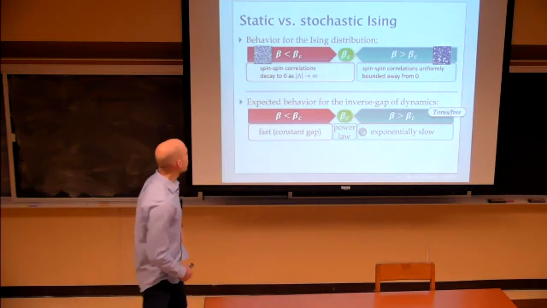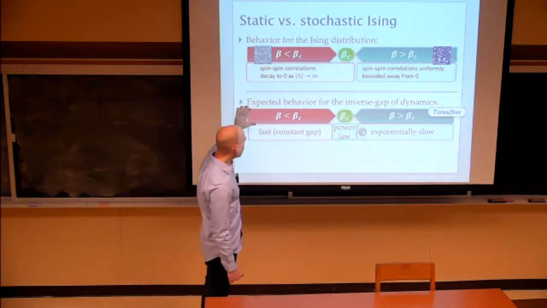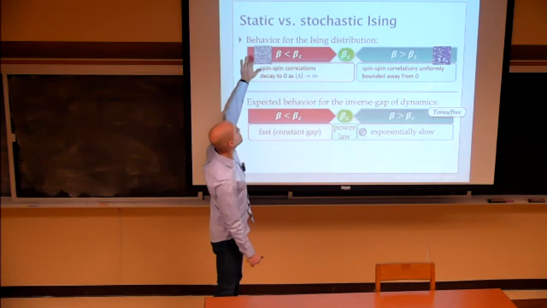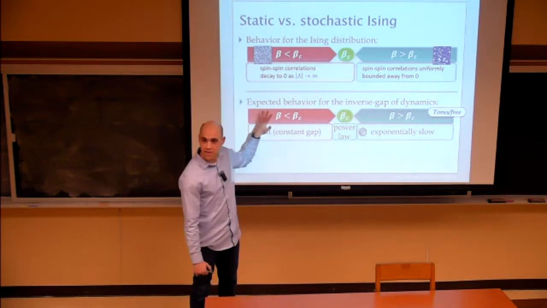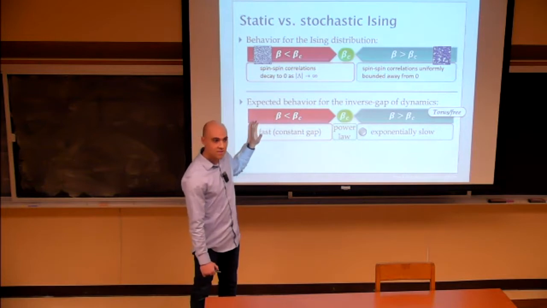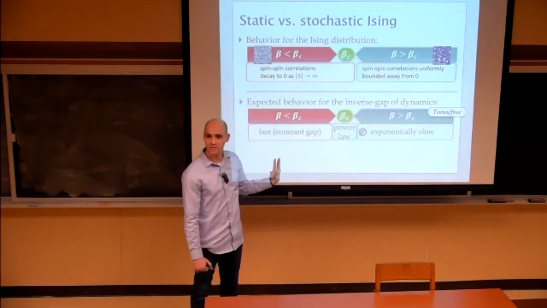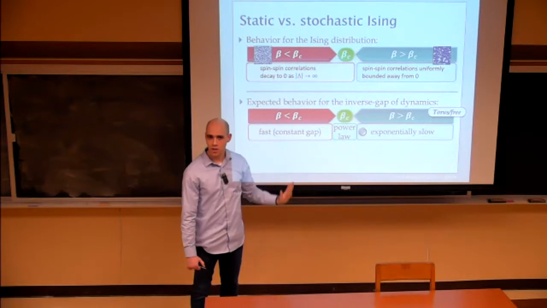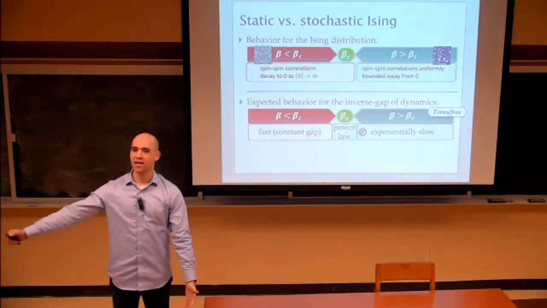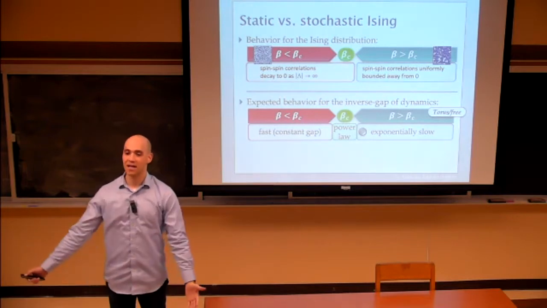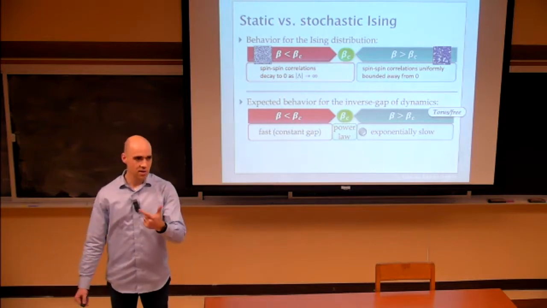So in a nutshell, we expect that in the high temperature regime, we should converge to equilibrium in the single site heat bath dynamics very fast. The gap should be fixed. Just like if you have a finite graph, it's as if you have an expander graph. There's a constant spectral gap.